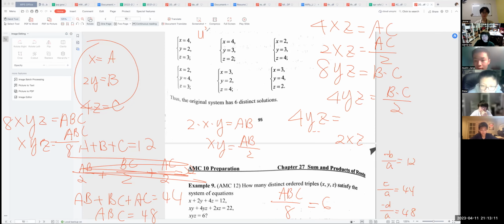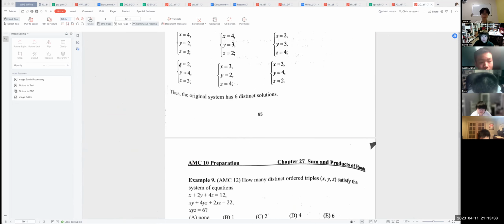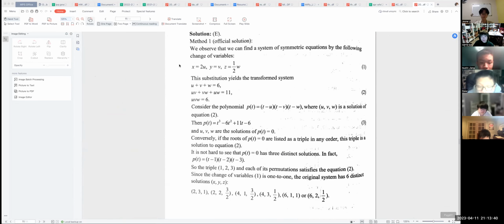So u cubed minus 12u squared plus 44u minus 48 equals 0. Get it, Austin, June, and everybody? Back to the earlier questions, exactly the same. So AMC 12 is actually not that hard, is it? As long as you have seen this problem, you will definitely be able to do it. Okay, so we finished example 9.